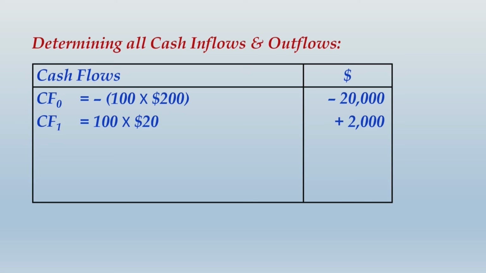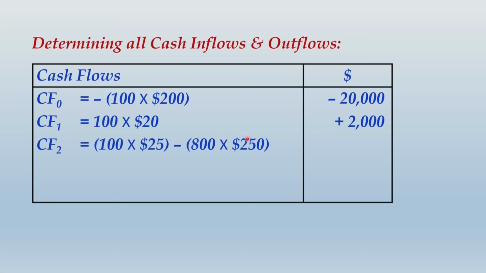During the second year, the dividend per share was $25, which will be received on 100 shares. That comes to $2,500 as inflow. But Mr. John has purchased 800 shares at the year end price of $250. That will cause a big amount of cash outflow.